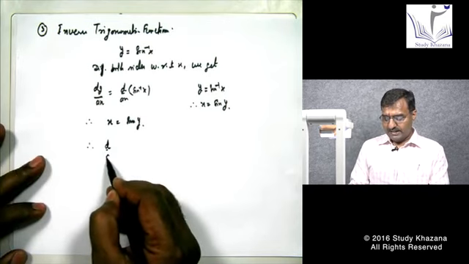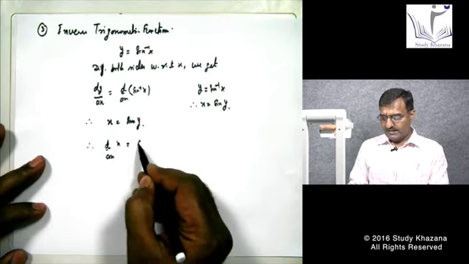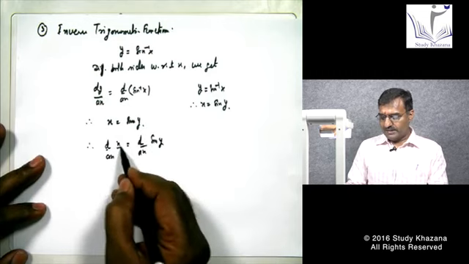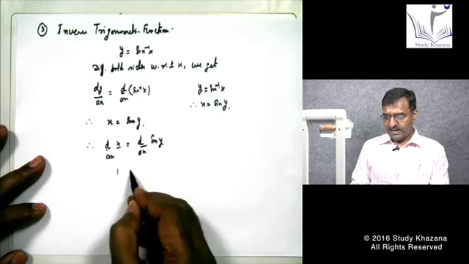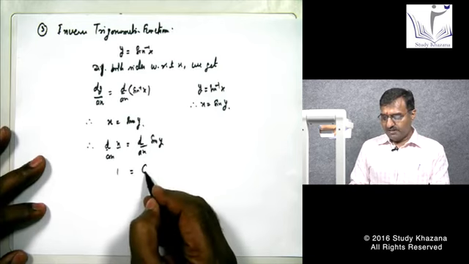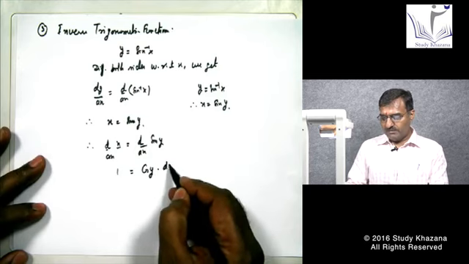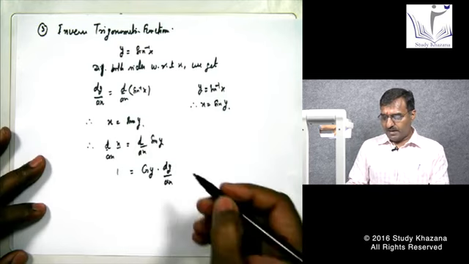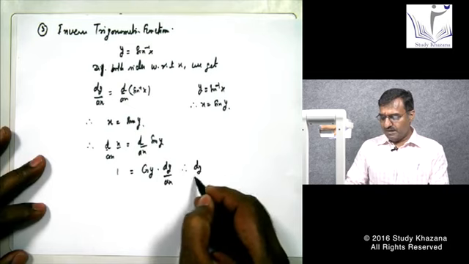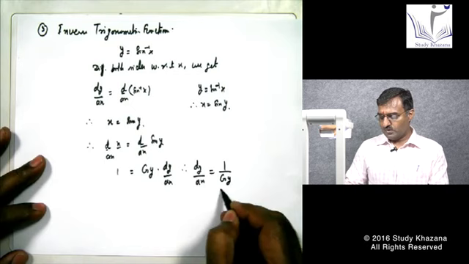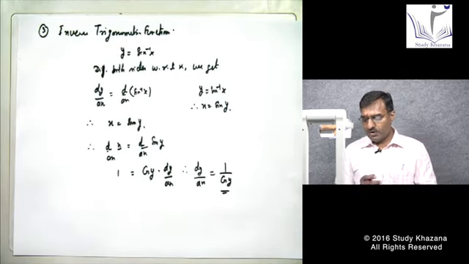So this is very easy. Now what I have to write here, d by dx of x equal to d by dx of sine y. So what it will become, the derivative of x is 1 and the derivative of sine y is cos y into the derivative of y, this is dy by dx. So dy by dx is nothing but 1 upon cos y. Now what is cos y?